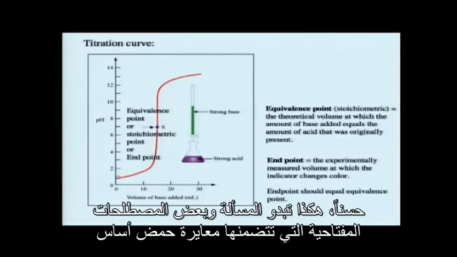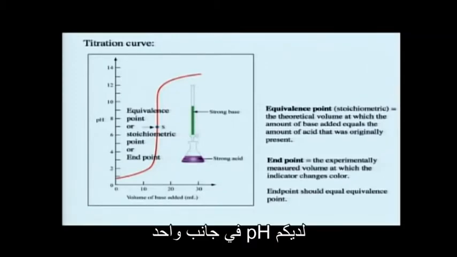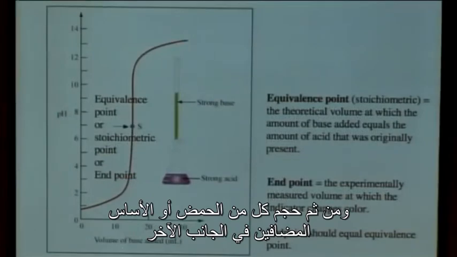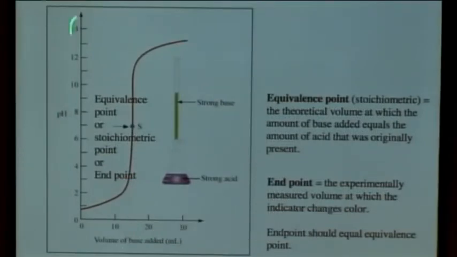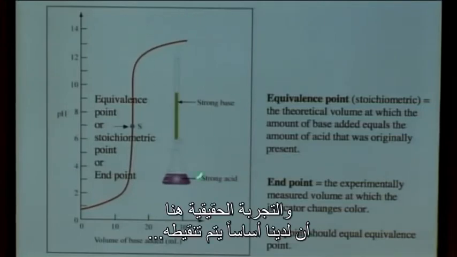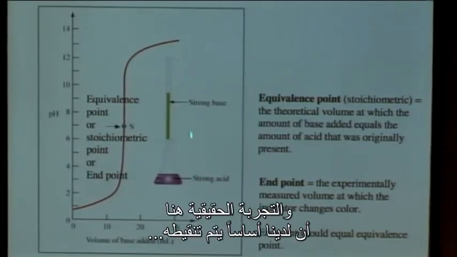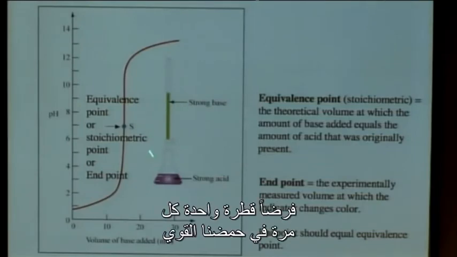All right, so here's what a plot looks like and some of the key terms involved in acid-base titrations. You have pH on one side and then volume of either base or acid added on the other side. So pH versus volume. In the actual experiment, you have a base that you're dripping, one drop at a time, supposedly, into your strong acid.